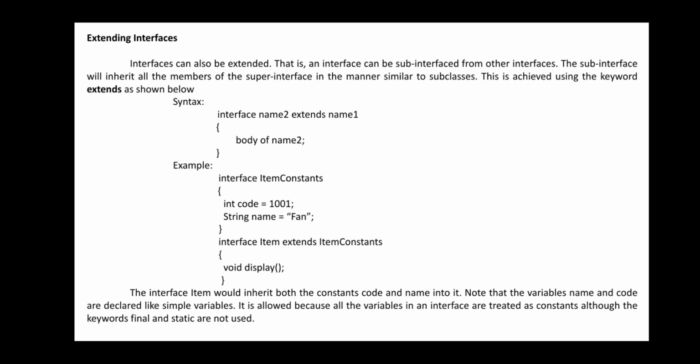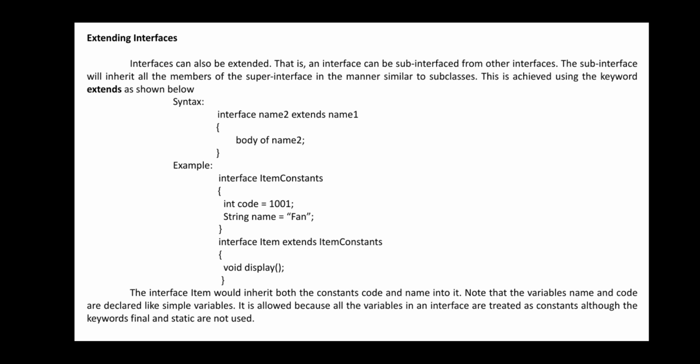How will the class extend itself? No, like that the interface will be extending. In the previous example you wrote all three in one interface, but I have divided them into two: one, ItemConstants with variables, and Item with the method names. The interface Item can inherit both the constants code and name.